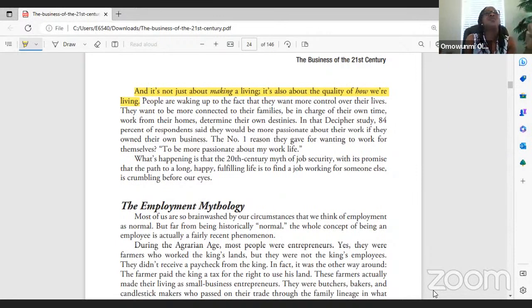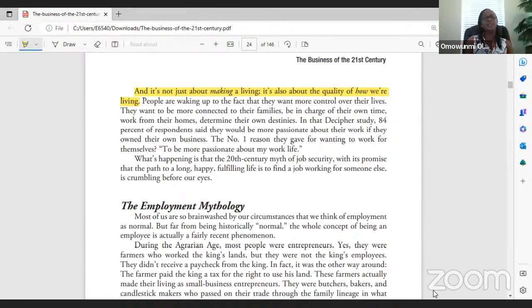And then right now, you're not even thinking about some goals anymore because you feel you don't have the time to accomplish them. You don't have the time to enjoy even the money you're making. So it's not just about making a living. It's also about the quality of how we are living.